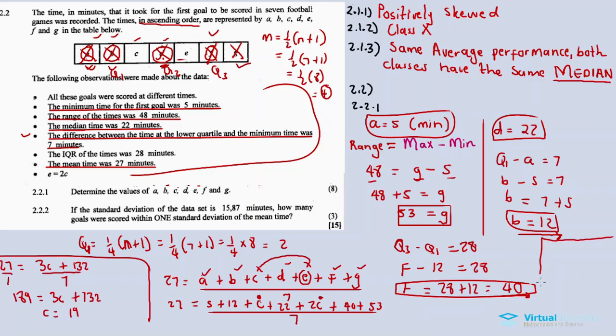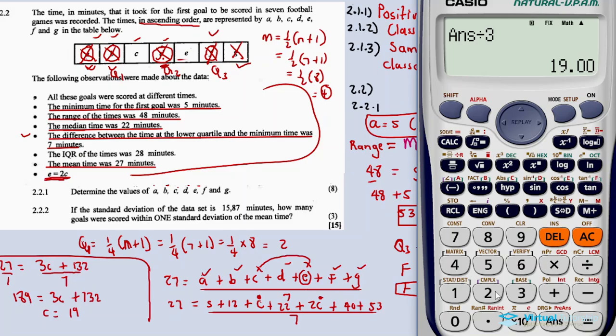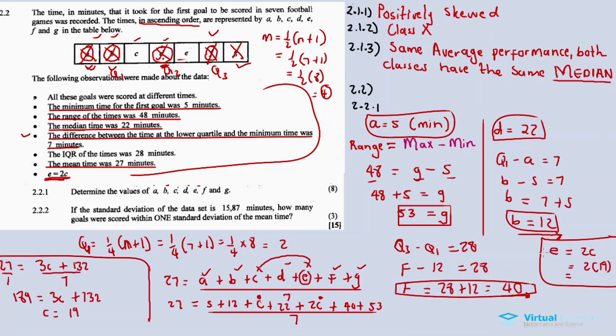Let's calculate E now. Since E is equal to 2C, here's our equation. Where C is, I will put 19. 2 times 19 is 38, is it? 2 times 19, 38.